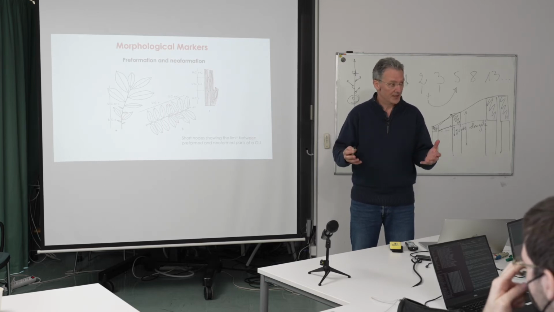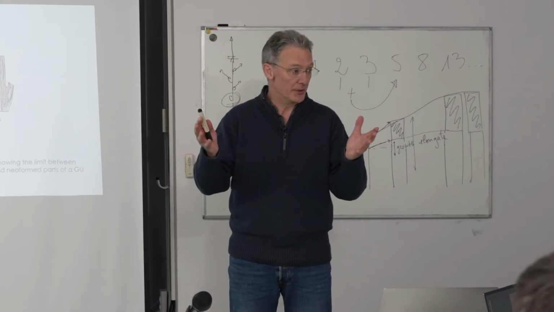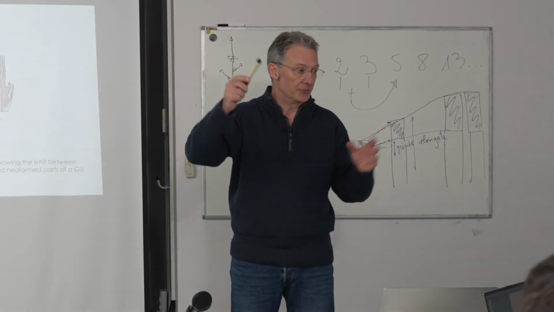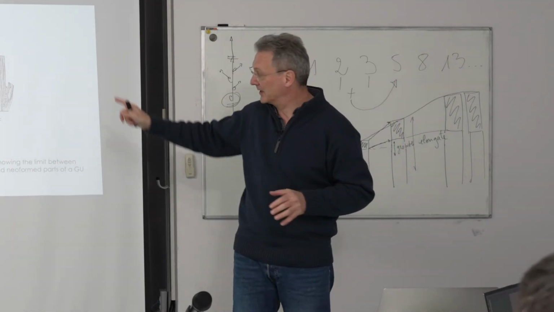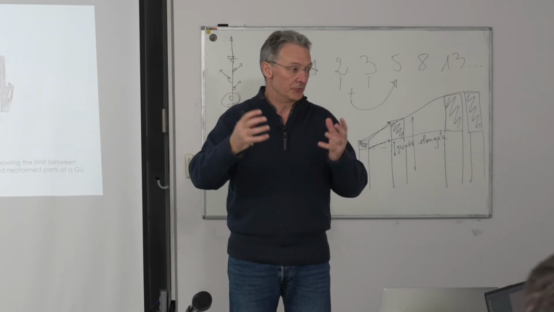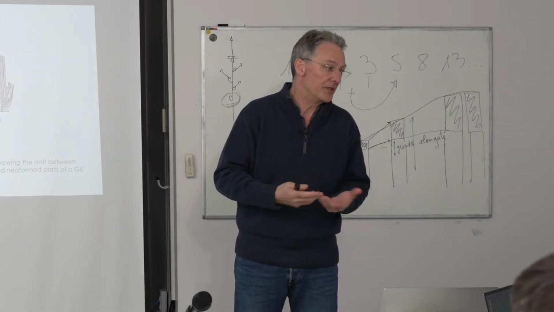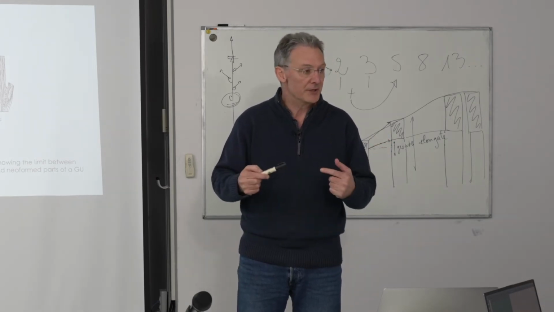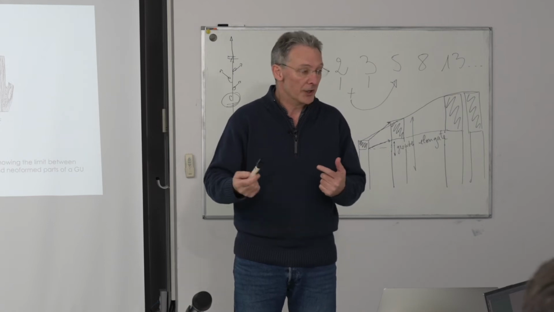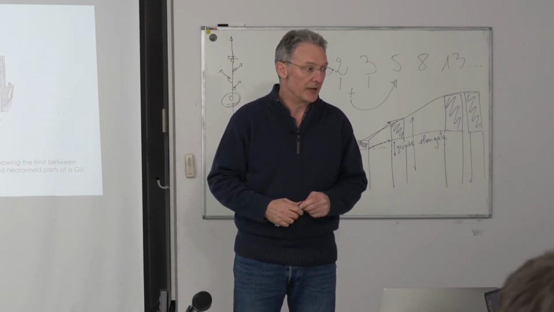If you go with these botanists in the field, they look at a tree, and by looking at the different events in the tree, these markers, they are really able to retrieve most of the history of the tree, just by looking at it. So a lot of the history of the tree, not all of course, is embedded into the architecture of the plant.